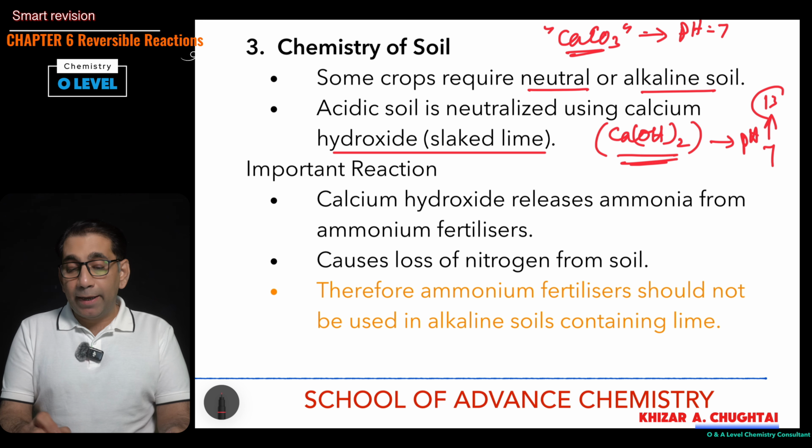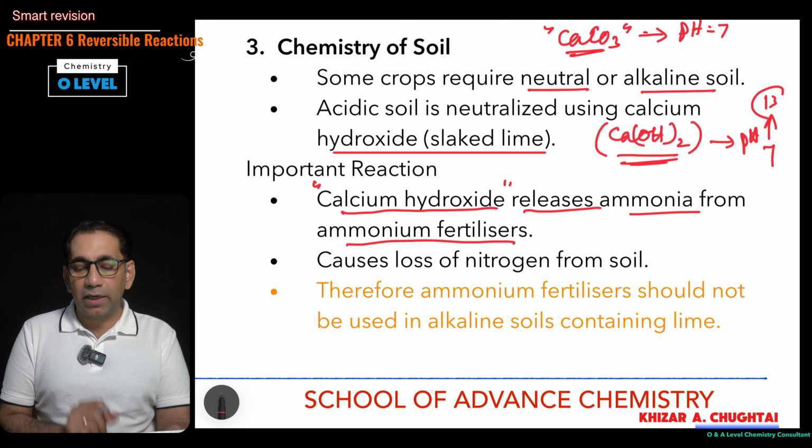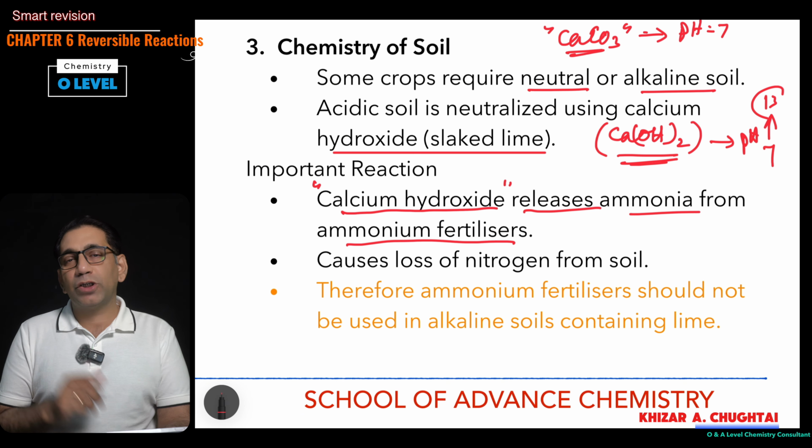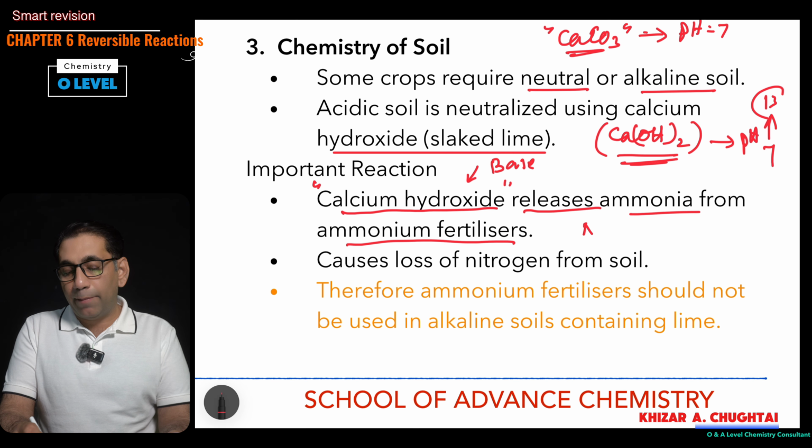Calcium hydroxide releases ammonia from ammonium fertilizers. So calcium hydroxide is forbidden to use in the presence of ammonium fertilizer, for example ammonium nitrate, because it is a base and it reacts with the ammonium ion and makes ammonia gas.